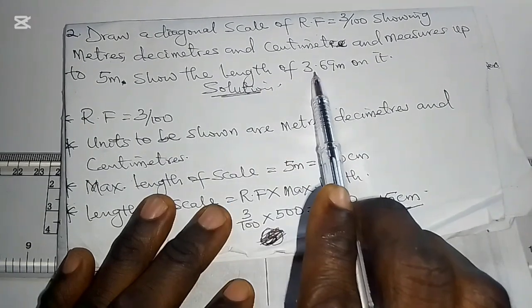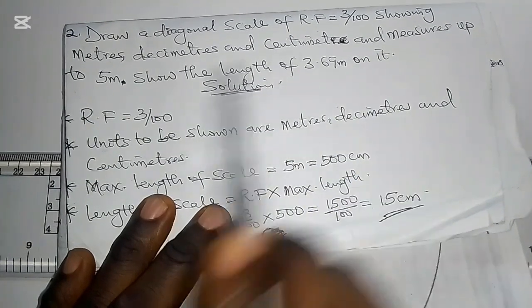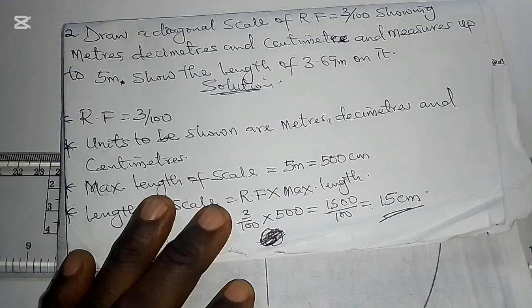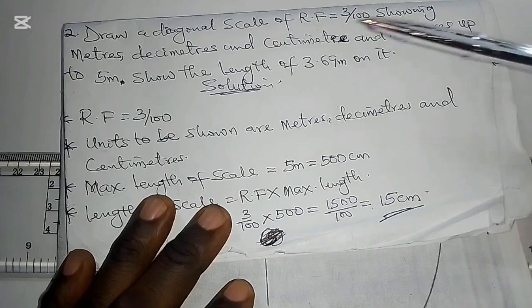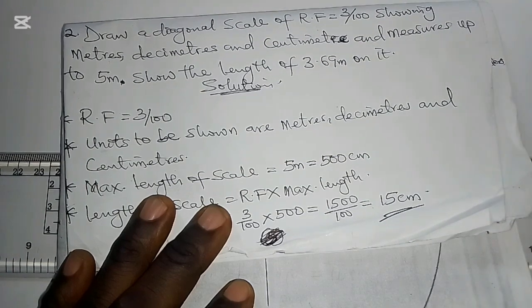Show the length of 3.69 on it. So we have to construct the scale. After we are done with the construction, we are to show this length 3.69 on it.